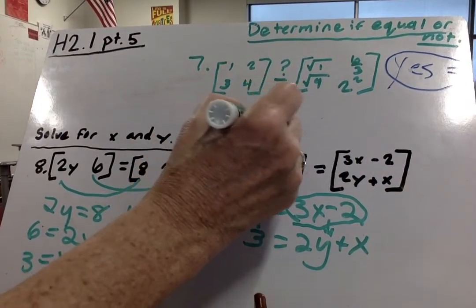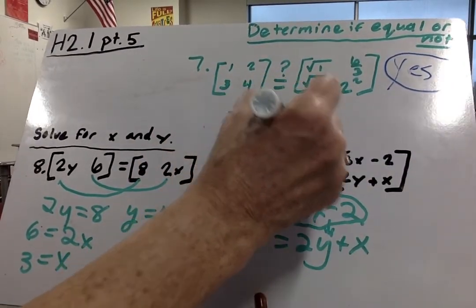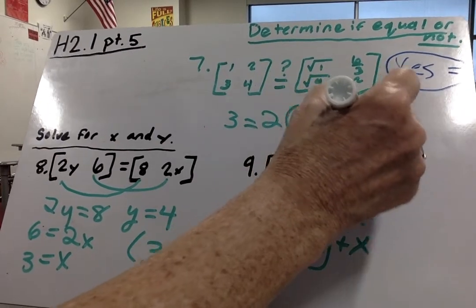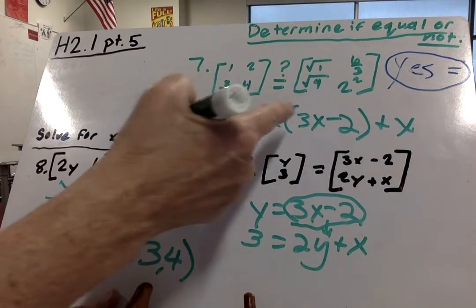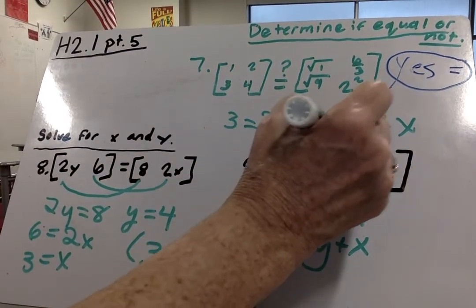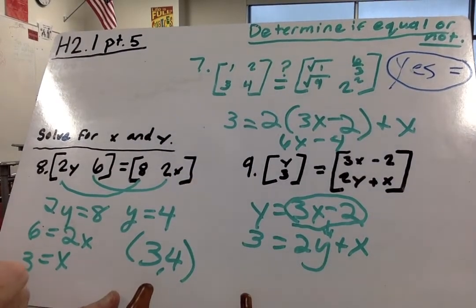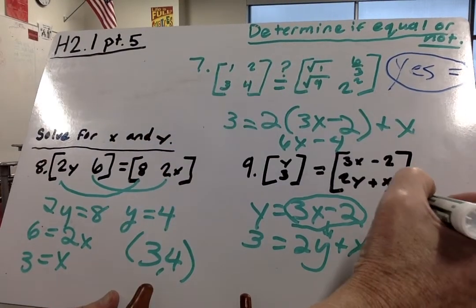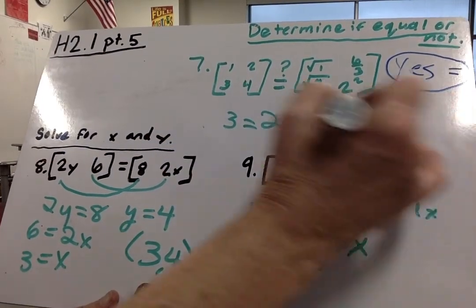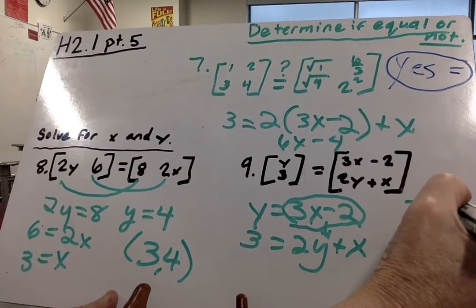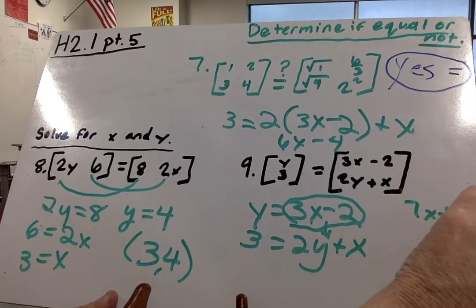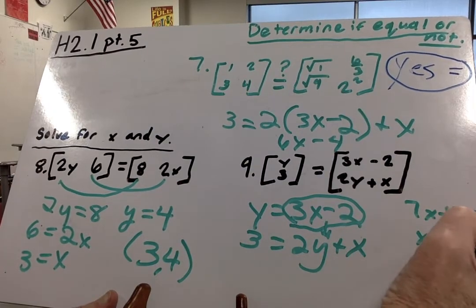So I'd put 3 equals 2 times 3x minus 2 plus x. Then that's going to be 6x minus 4. Now I'm going to add that other x. 7x minus 4 equals 3, and I believe x is going to equal 1.